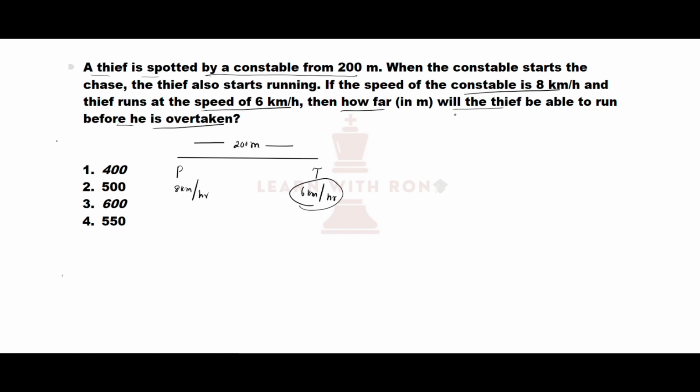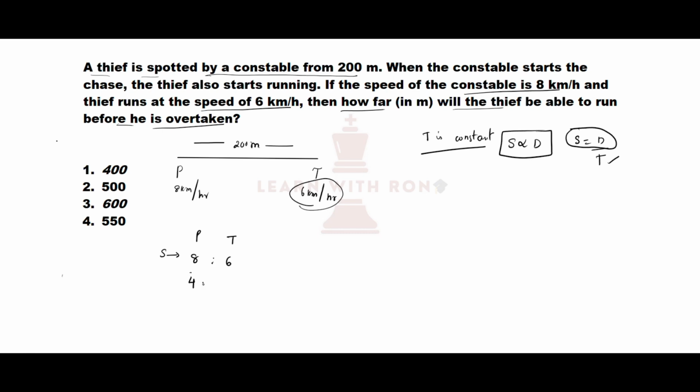They asked how far the thief is able to run before he is caught, means the distance traveled by the thief they asked. So we know that in this kind of concept time is constant. We discussed in previous videos, right? If time is constant, speed is directly proportional to distance, from the formula speed is equal to distance by time. Now see here, police speed is 8, thief speed is 6, so the ratio is 4:3.